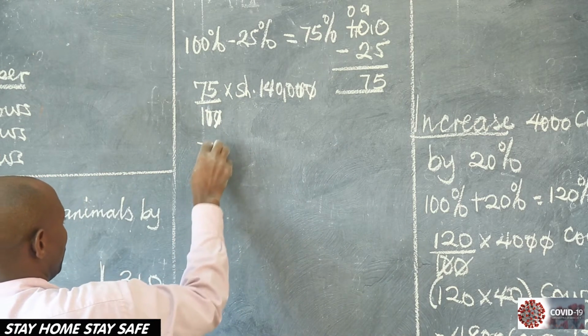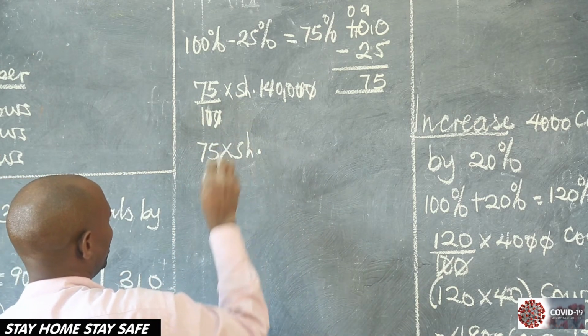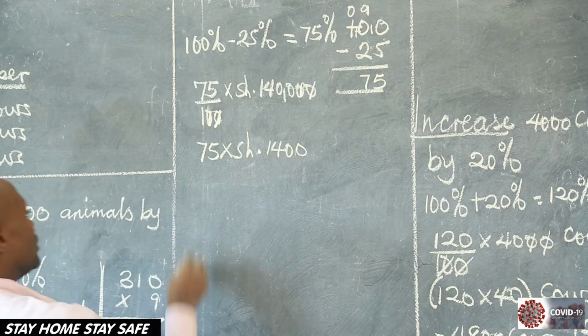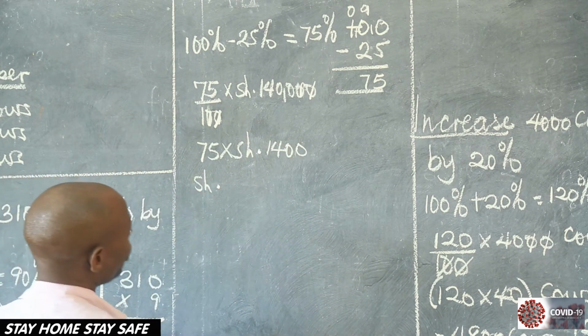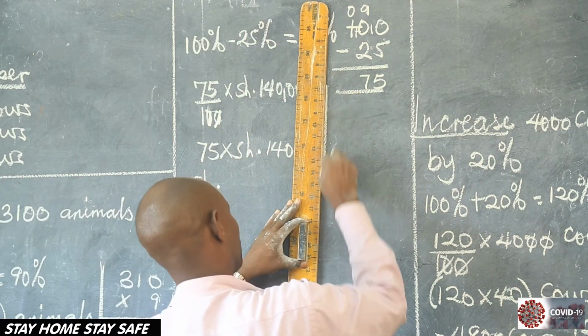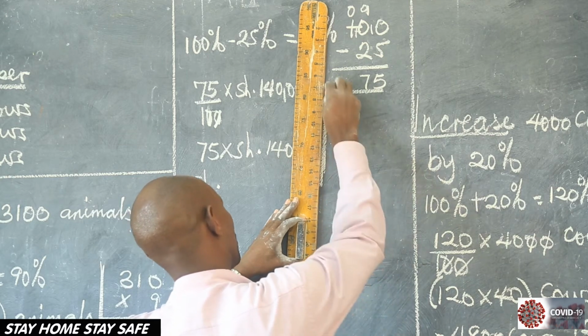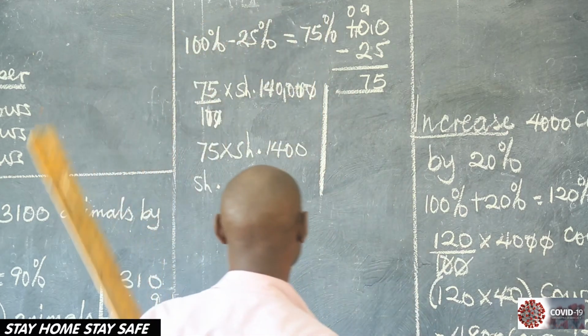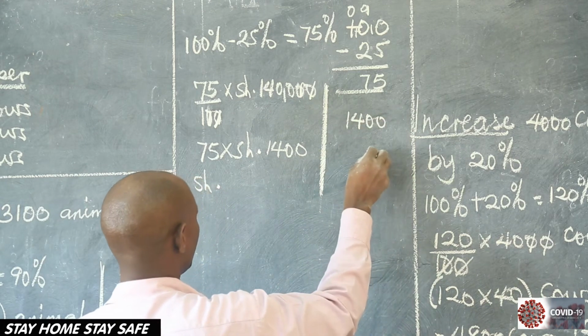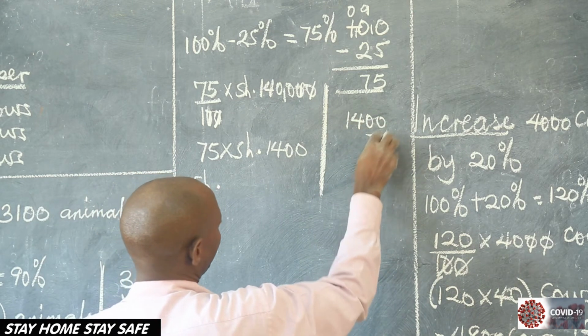So I have 75, then I multiply it by 1,400. And what is this going to give us? Let's do side work. So we shall have 1,400 multiplied by 75.